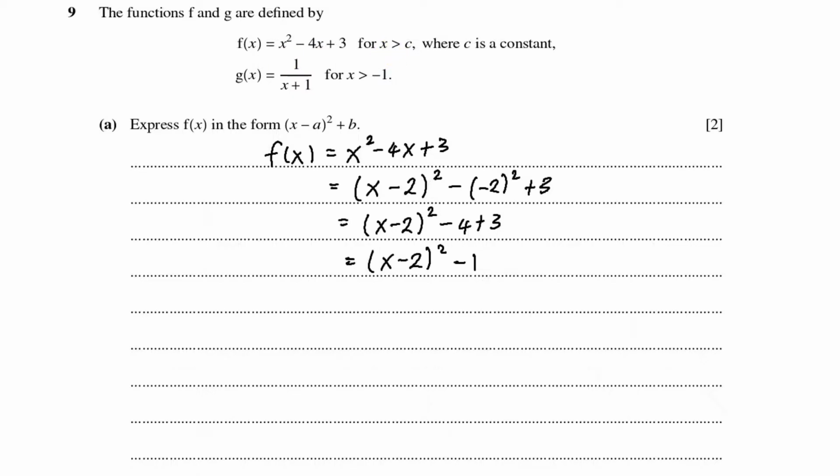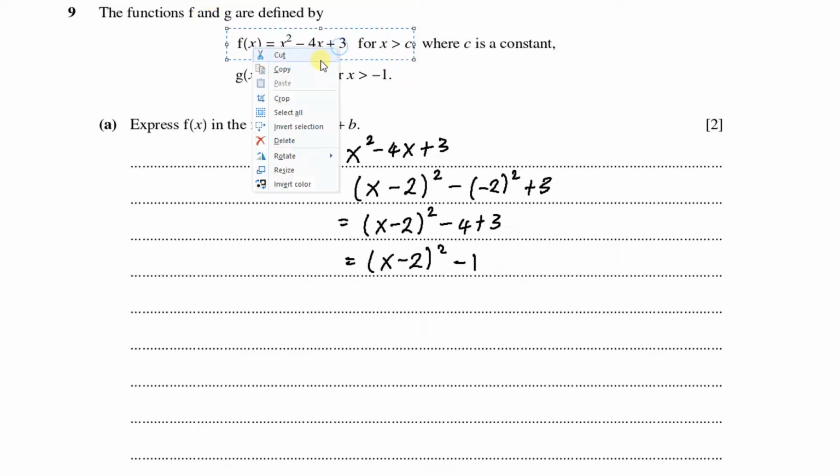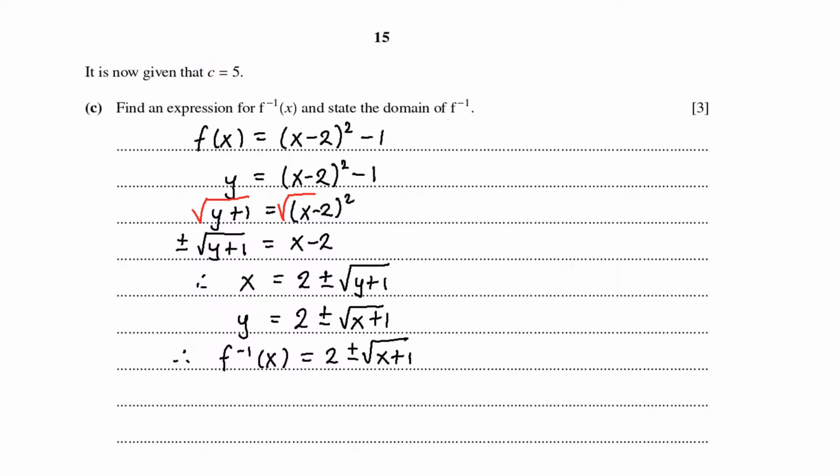So let me take this here because it's important. This is the function right here. And on this part, they say it is now given that c is equal to 5. So it means that the domain is now x is greater than 5. Now, what you need to understand is that the domain of the function is comparable to the range of the inverse function.